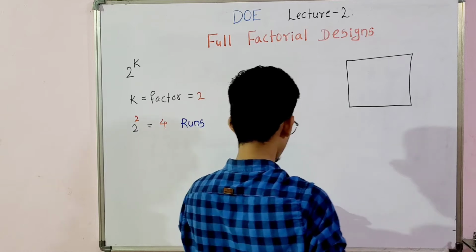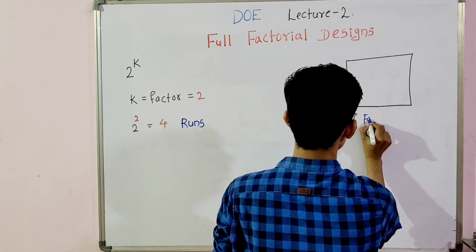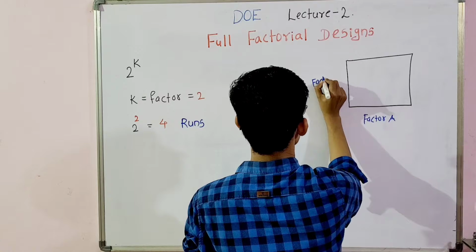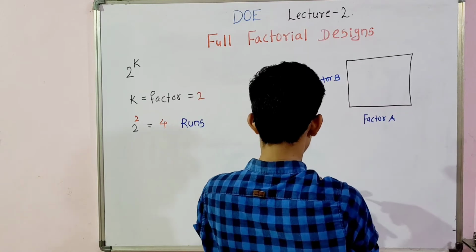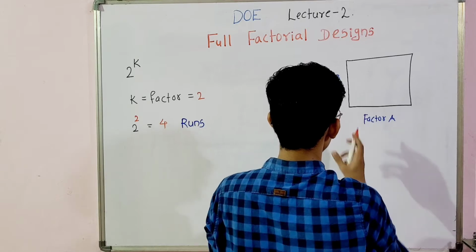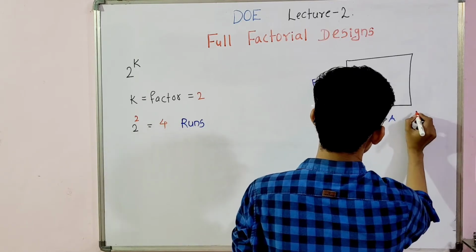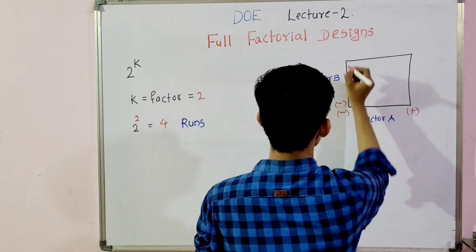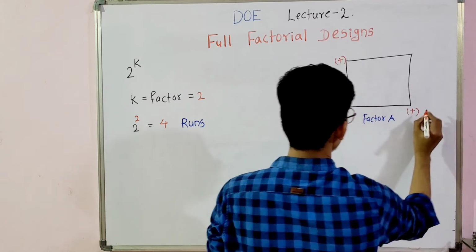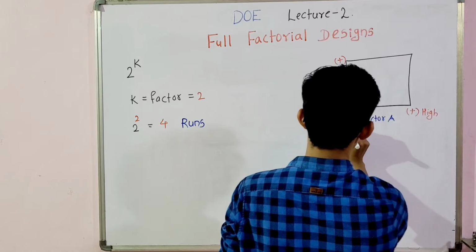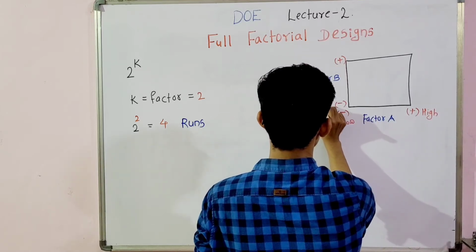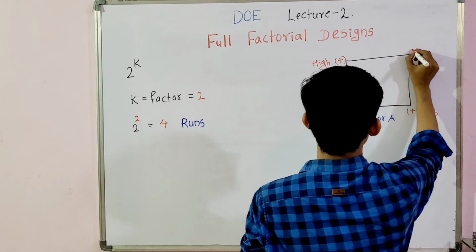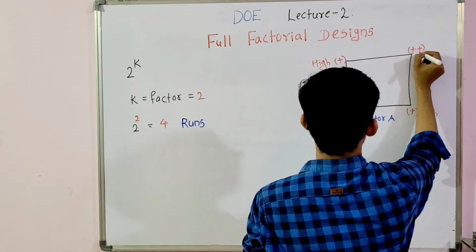This is my factor A, this is my factor B. Here it is the low level for factor A and high level of factor A, again low level of factor B and high level of factor B. So you can write here directly, here it is a high level, here it is a low level for your factor A, here it is a low level for factor B, here it is a high level of factor B, and ultimately here we will get the interaction effect, that is high and high.